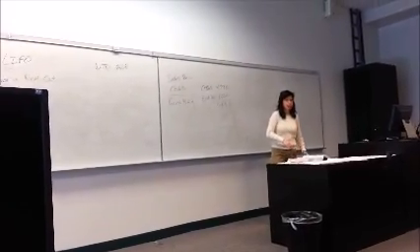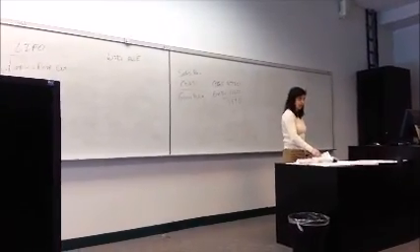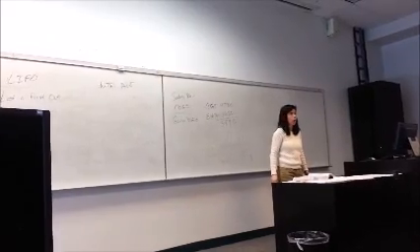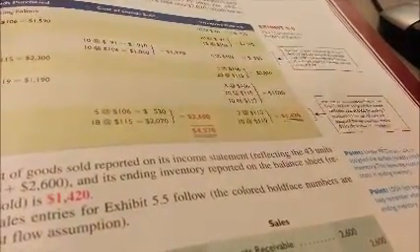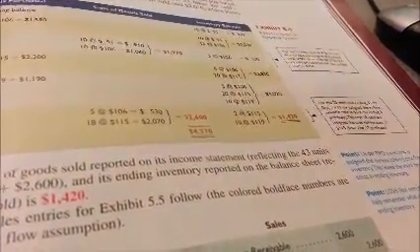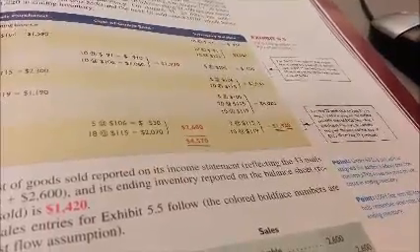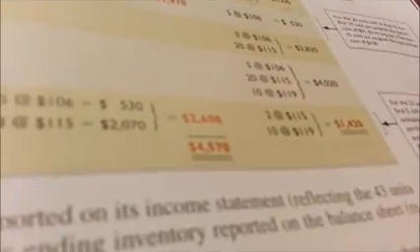Why did I do that? Because if you go back to the FIFO page, while the numbers are a little different, these numbers should total up to the same amount because we're trying to account for the same amount of cost. We're just doing it in 2 different methods. So for FIFO, what was my total cost of goods sold? $4,570.